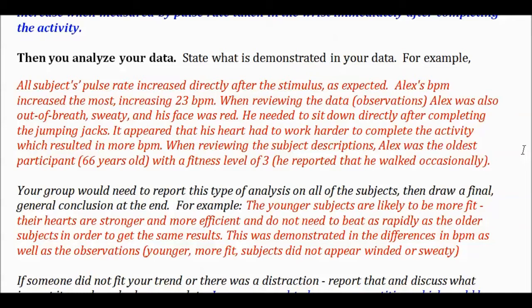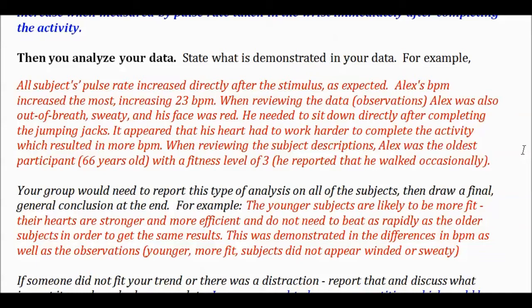Now I'm going to analyze that, because I started out with my data of his beats per minute, and then I related it directly to what I saw in my observations, and finally I'm going to analyze that. I'm going to say that his heart appeared to have to work harder to complete the activity, which resulted in a higher beats per minute. When reviewing the subject descriptions, which is the first part, Alex was the oldest.